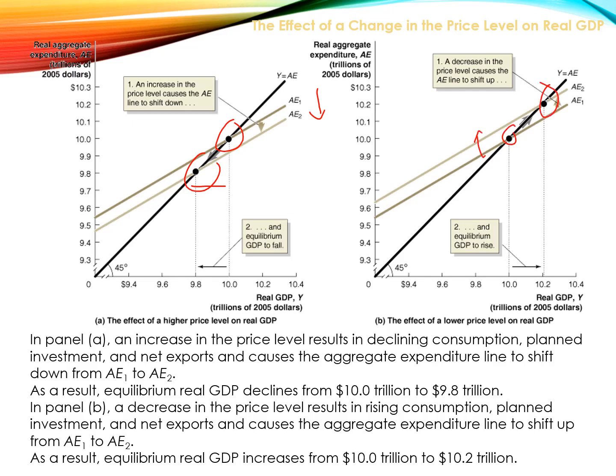So for this one, we went from 10 trillion to 9.8 trillion, corresponding to different price levels. And for this one, we went from 10 trillion to 10.2 trillion, corresponding to different price levels. So what we can do is take that price level, take that level of GDP, plot them like we did with a demand schedule in the past, and then connect the dots, and boom, we've got our aggregate demand curve.